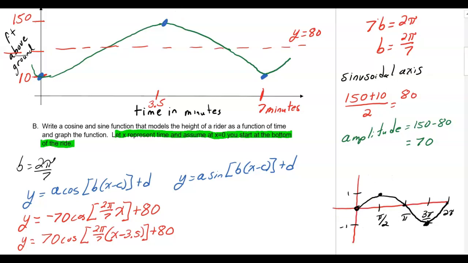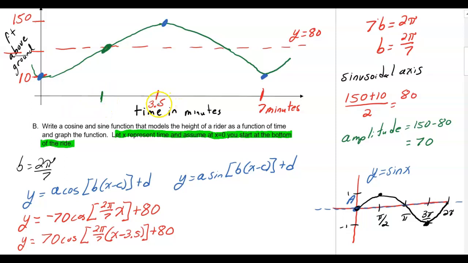Now let's try to write a sine graph. For the sine graph, I redrew the sine graph over in the right-hand corner. The sinusoidal axis is this blue dotted line. So my focus is this point that I just highlighted in blue, A. It's on the sinusoidal axis. So on the Ferris wheel problem, I need this point that I just highlighted in green, which is right between 0 and 3.5.